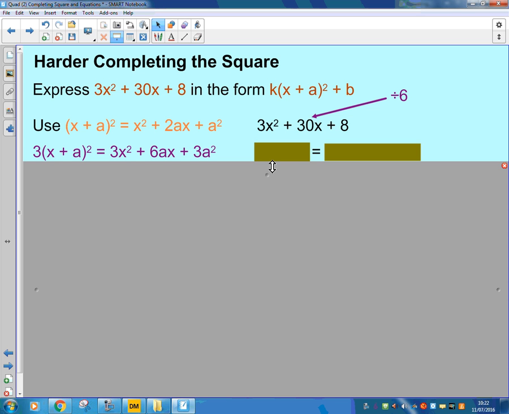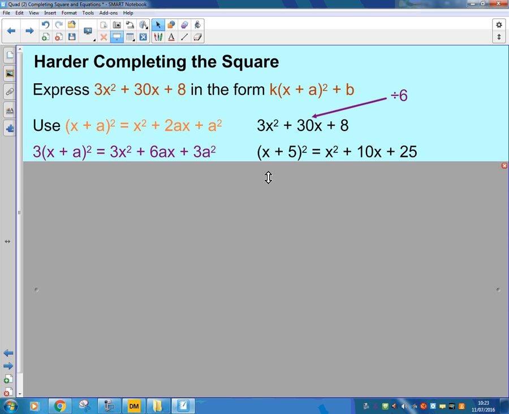So what I'm looking for now is, for this bit here, is I'm looking at x plus 5 all squared. 30 divided by 6 being 5. So my starting bit is always to find what is this part, the x plus a all squared. It's going to be x plus 5 all squared. Expand it. X squared, 2 lots of 5 times x is 10x plus 5 squared, 25.